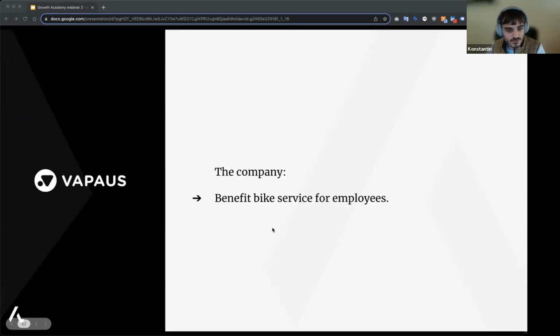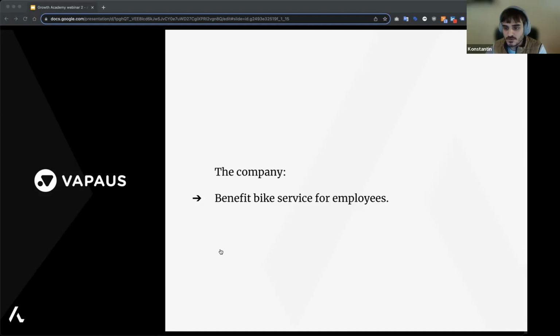The next example is pretty close to the document ad format, and this could give you a little bit more ideas of how we can approach this. The next example is Vapels. It's a Finnish company with a benefit bike service for employees.